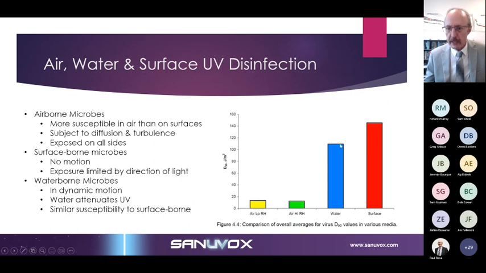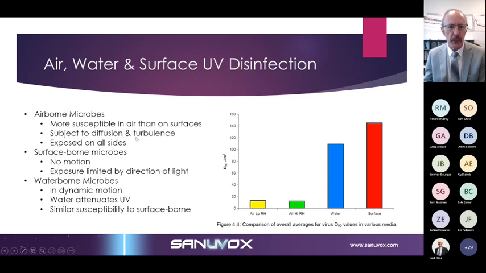In water, we get D90s that are much higher, easily 10 times higher than air. And on surfaces, for this set of data, the surface resistance to UV is somewhat higher than water, although this varies. The surface resistance and the water resistance of microbes look very similar on average.